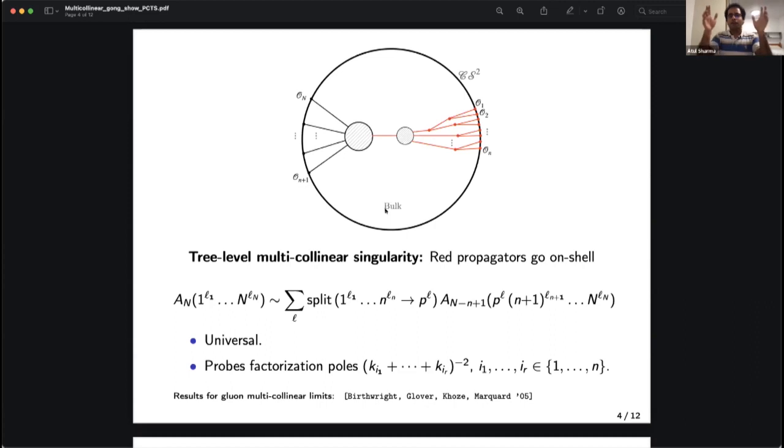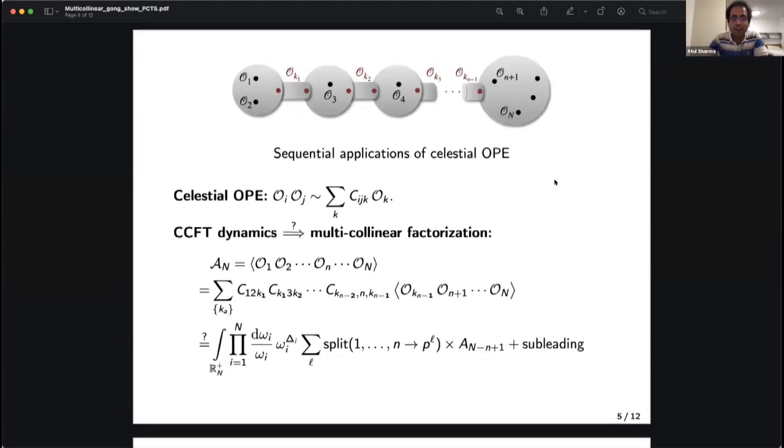So the hope is to probe these multicollinear singularities and the factorization singularities and build some sort of an Escher painting-like picture where you reconstruct the amplitude inside the bulk as you expand in the OPE. So here's a bubbling picture, as Bruno mentioned, I think, whereby you can hope to get the multicollinear singularity by using the OPE recursively in some order.